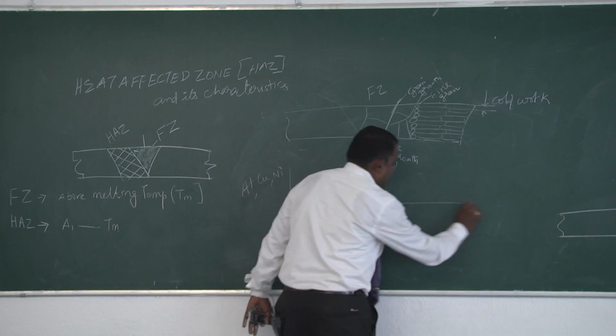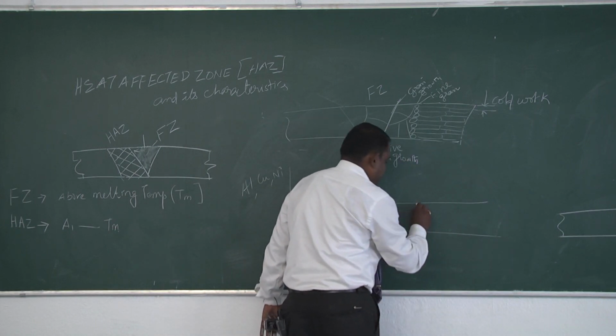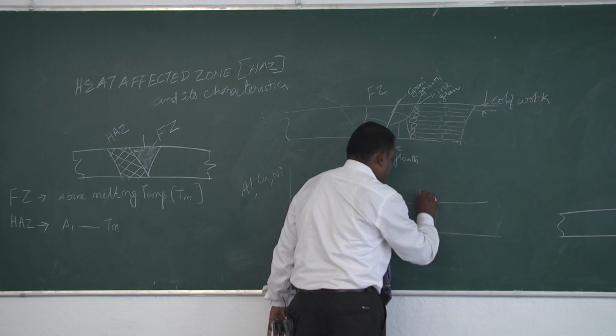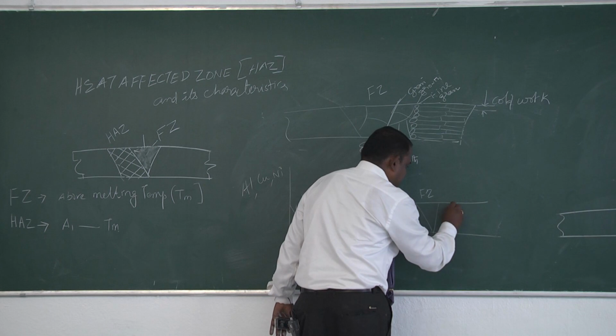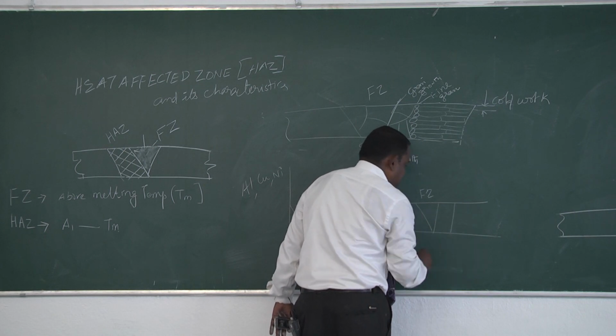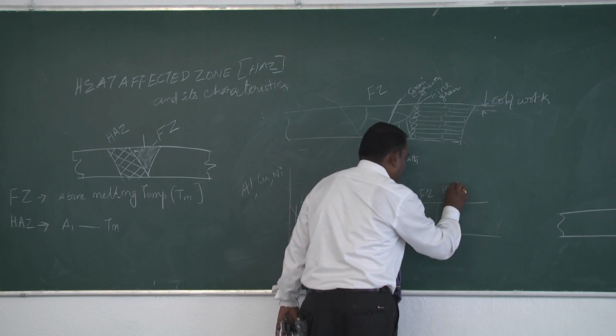The structure of your weld metal will have a different size microstructure. This is your fusion zone, but in the base metal, that is in the heat affected zone, it will have a precipitate free zone.